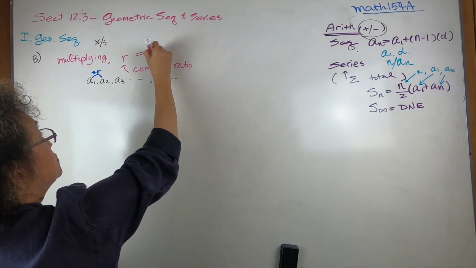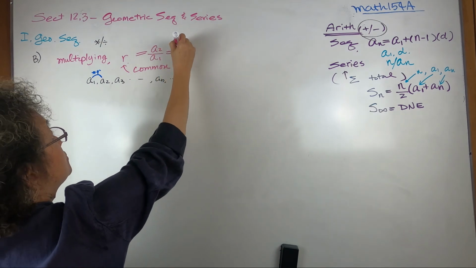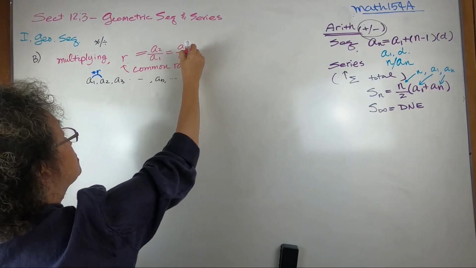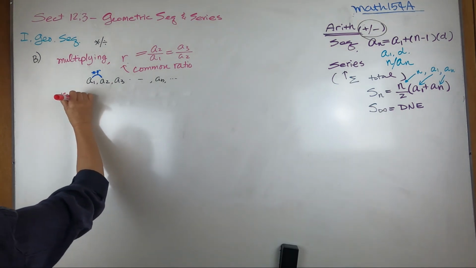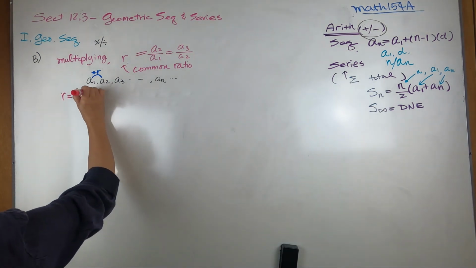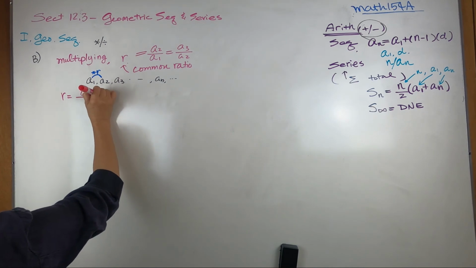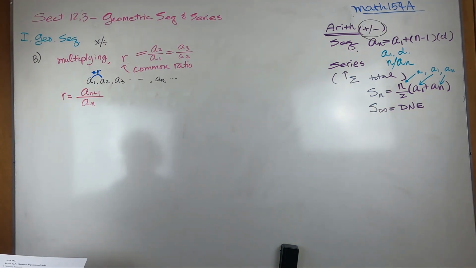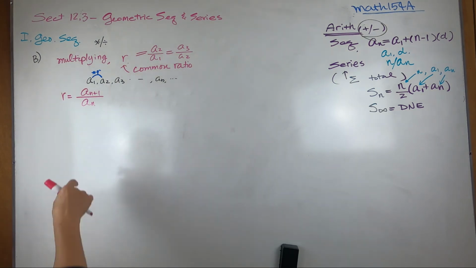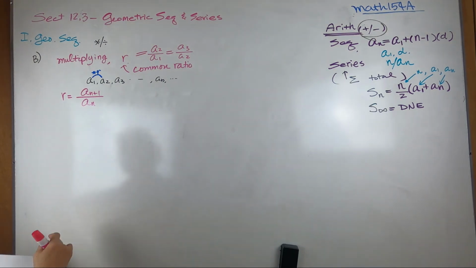It can be a_2 over a_1 or a_3 over a_2. Formally, we write it as a_(n+1) divided by the term before it, a_n.